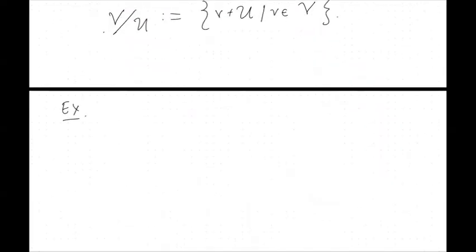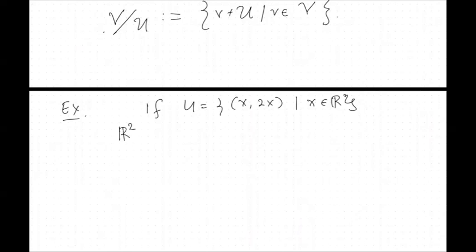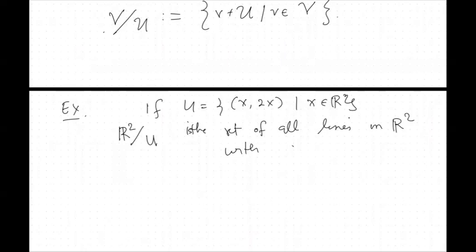Example, I will give maybe the previous example. If our U here is just (x, 2x), x in R, then R2 modulo U is just the set of all lines in R2 with slope 2.